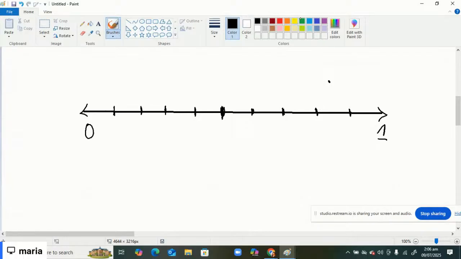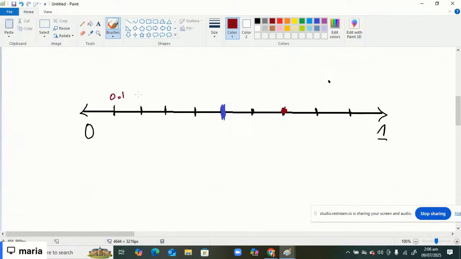These are all points equal in interval. Let's suppose this is your 0.5, and if they ask you to find this point, how can we find it? This point can be found like this. This is 0, then here it's 0.1.